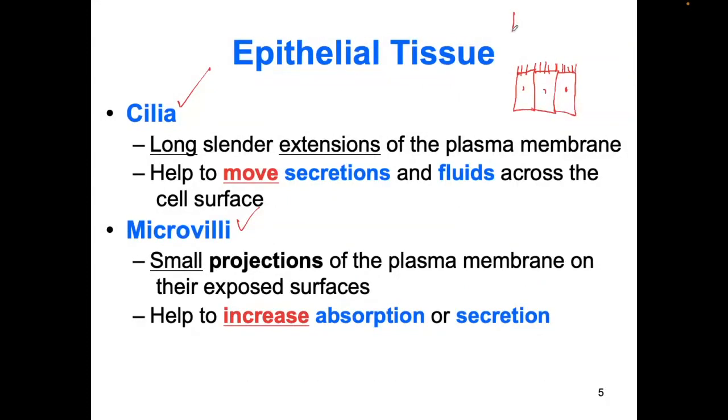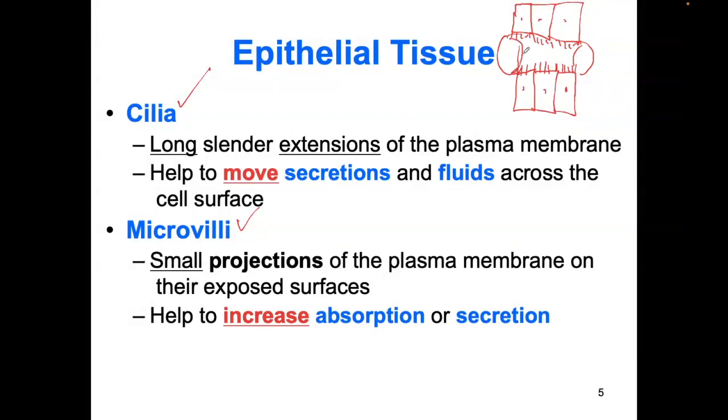Let's put more here with cilia. Now, maybe this is a cross section. This is a tubule. Something is moving within the inside of this, right? Just think of it as this cross section like that. So something's moving inside of it.